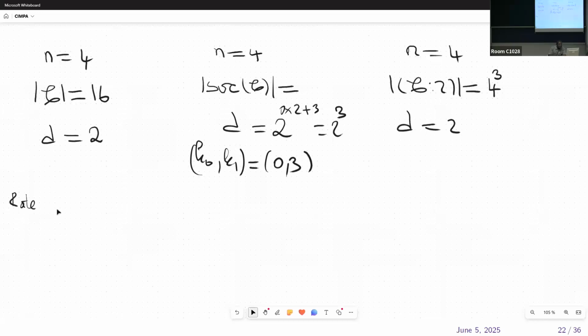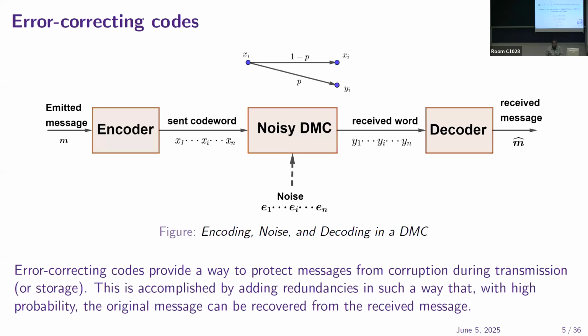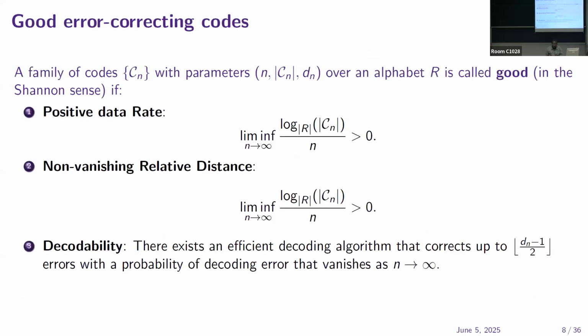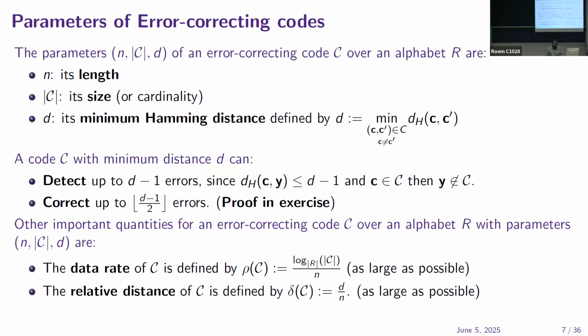Data rate and relative distance. Data rate is R(C) and relative distance is delta(C).